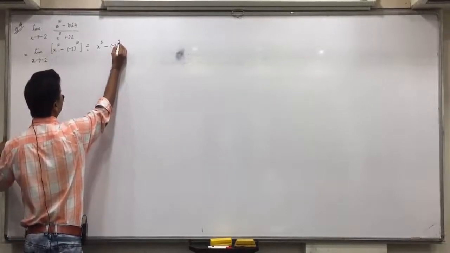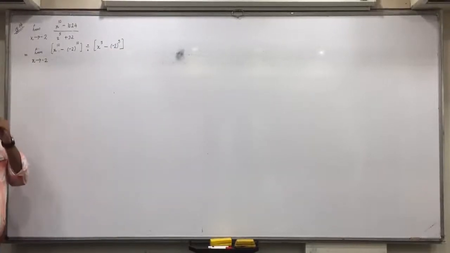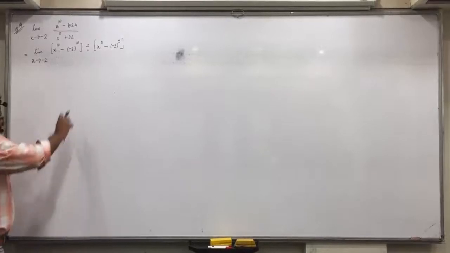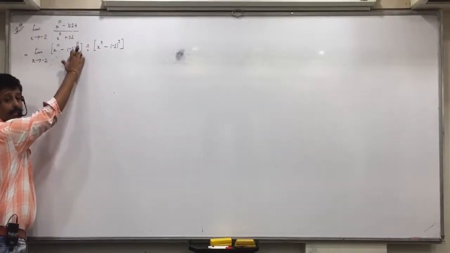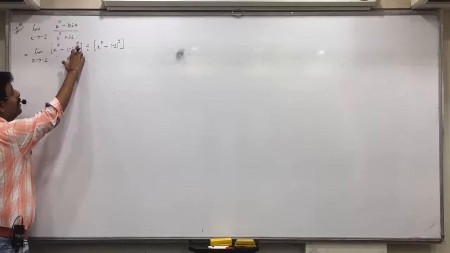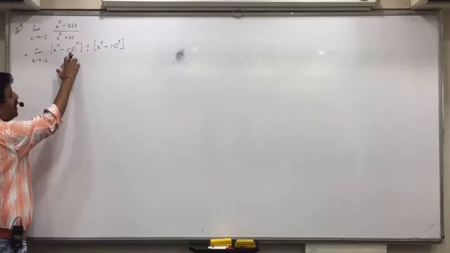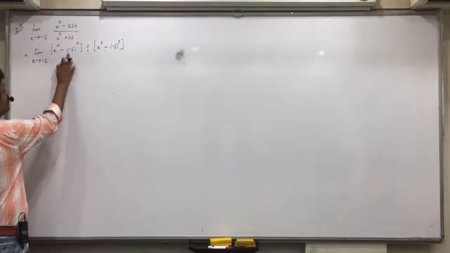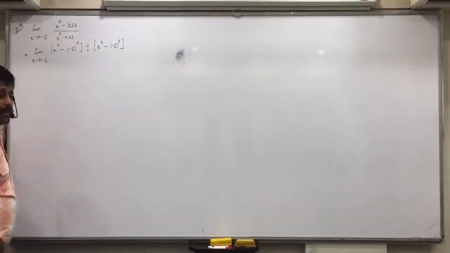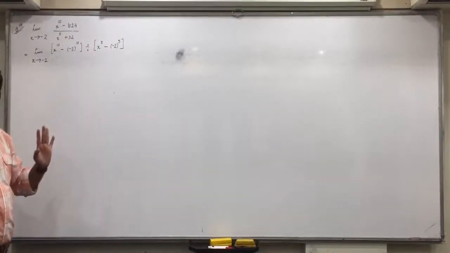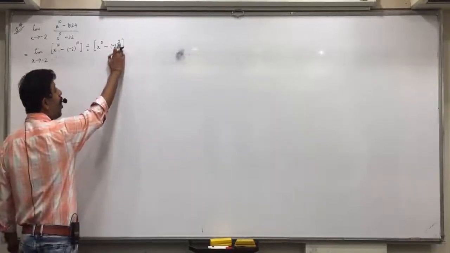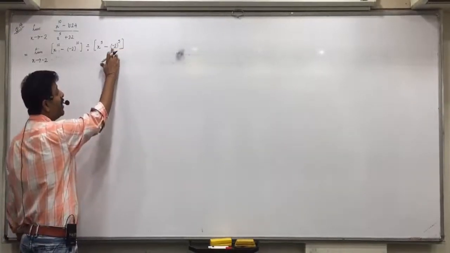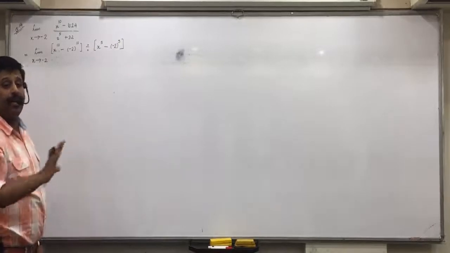Minus 2 raised to 5. Now why is it correct? Understand it. Even power, 10 is even number. Even power of a negative number is always positive. And plus into minus will remain minus. 2 raised to 10 is 1024. Odd power of a negative number is always negative.